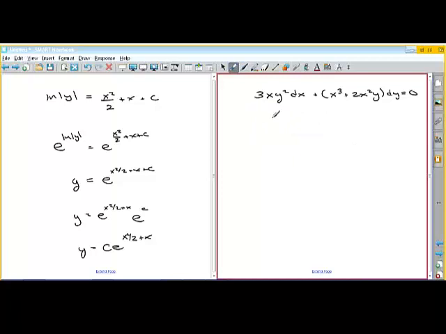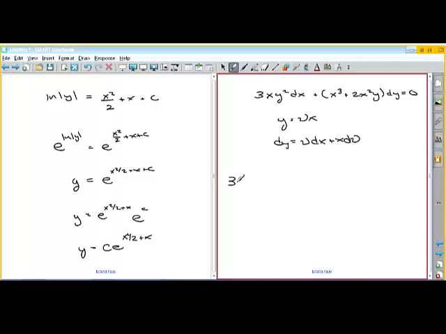So what you need to do is use two substitutions: y is equal to nu x, and then the derivative dy is equal to nu dx plus x d nu. So those are the substitutions. The rest of it is algebra.